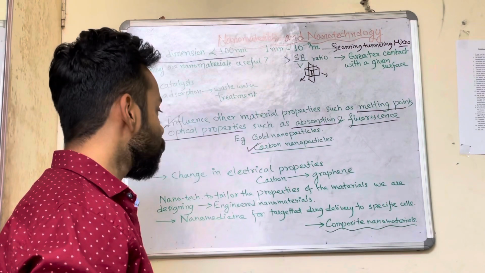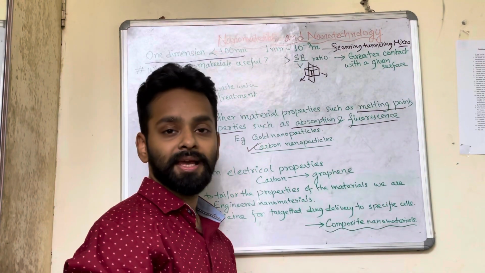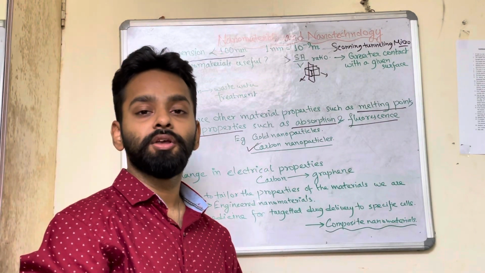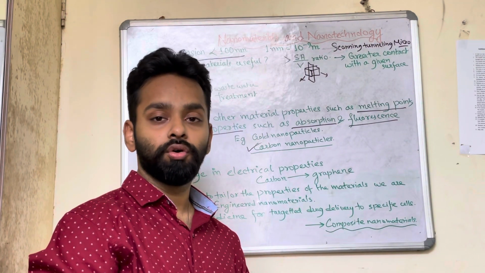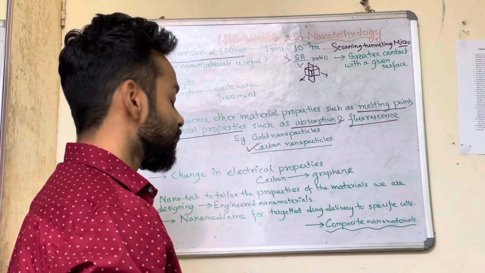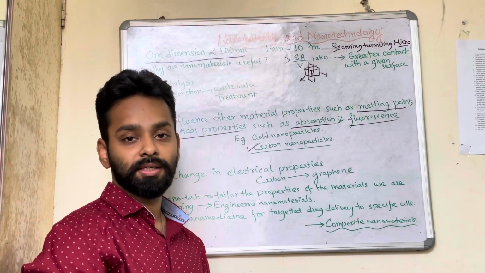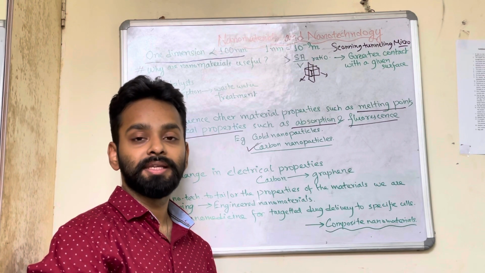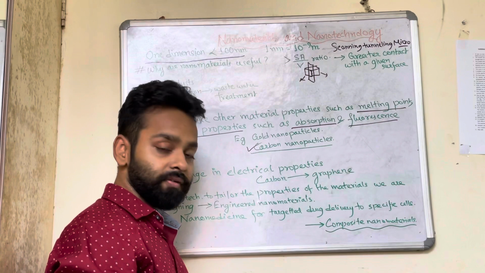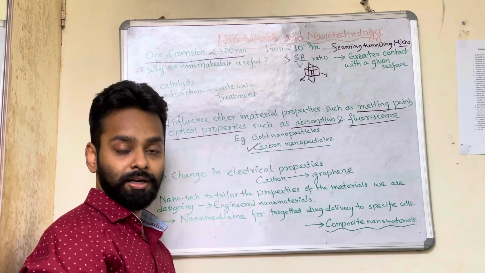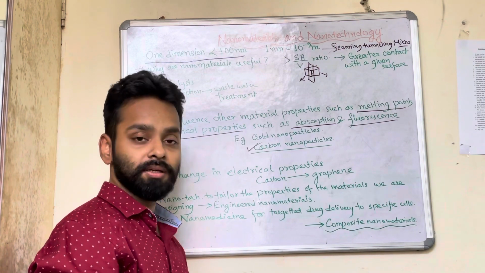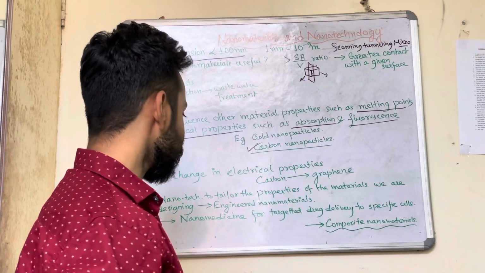But if we go to the nanoscale and synthesize a nanomaterial form of carbon known as graphene, graphene has shown good electrical properties as well, and it can be used in biosensor devices for detecting any analyte. That is why the nanomaterial scale in carbon can actually increase its electrical conductivity in certain materials.